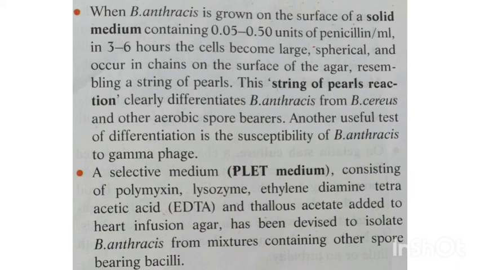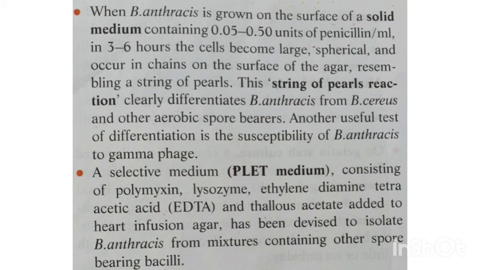Okay. And another useful test of differentiation is the susceptibility of Bacillus anthracis to gamma phage. That is, Bacillus anthracis is highly susceptible or sensitive to gamma phage. That is also helpful for the differentiation of Bacillus anthracis from other Bacillus species. Okay. Then a selective media known as PLET media is used for the selective isolation of Bacillus anthracis.